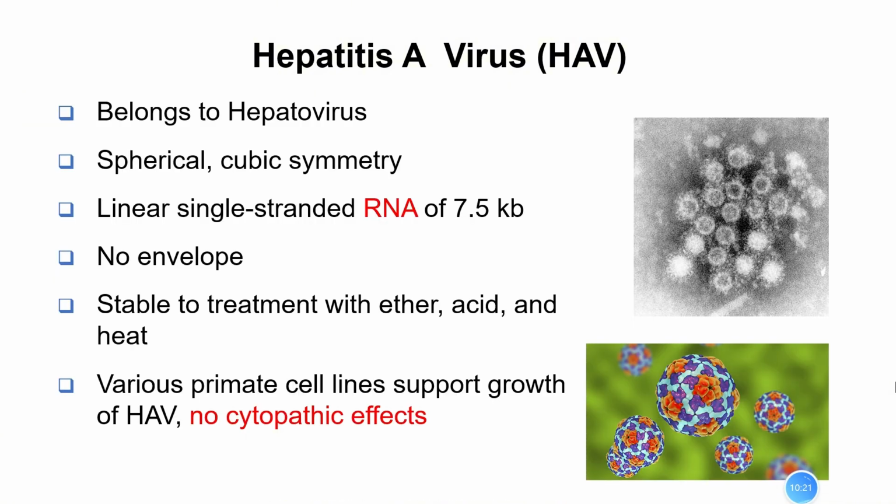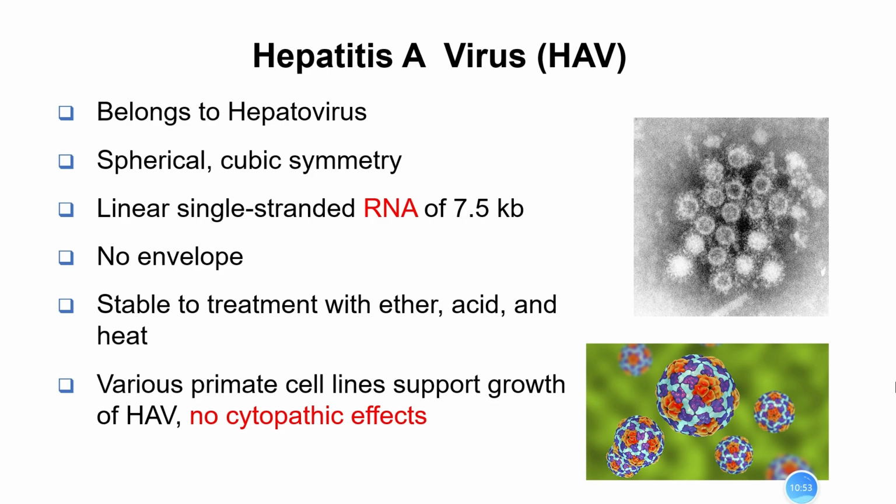So here's some information on HAV. HAV belongs to the hepatovirus genus, and only infects the liver. You can see the structure of HAV here. It's roughly spherical, because of the icosahedral symmetry, so it's spherical under the electron microscope.